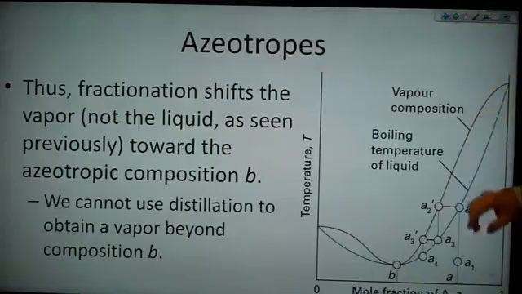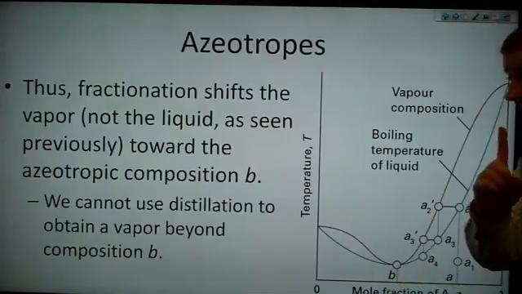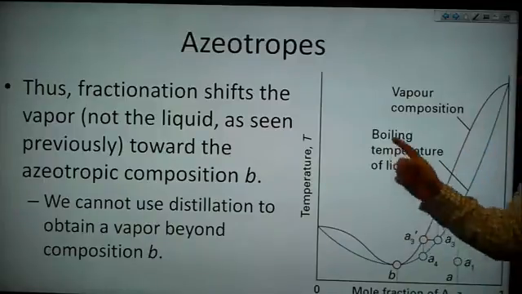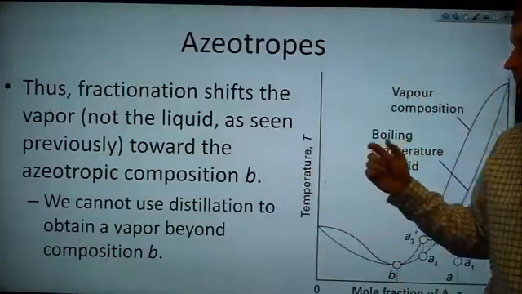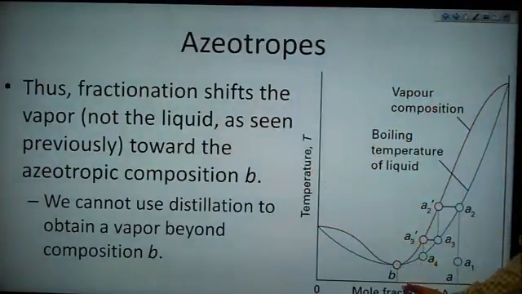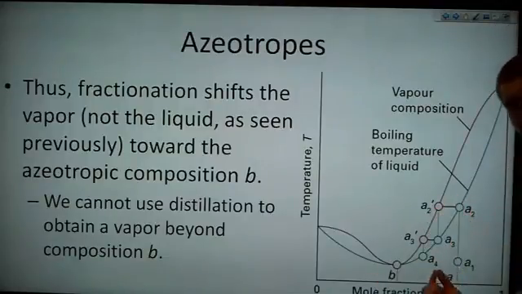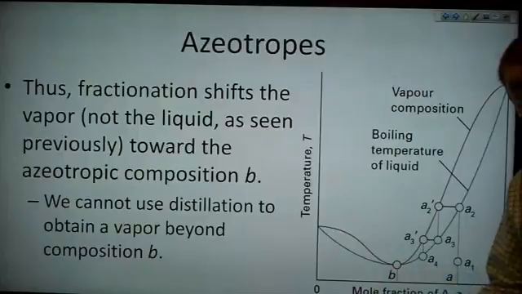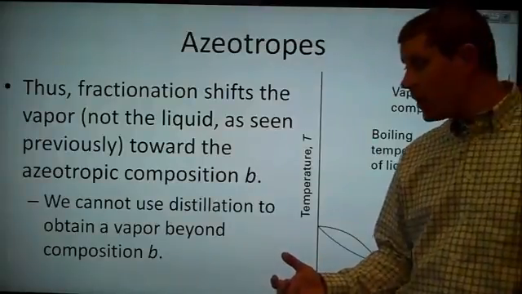until eventually we get to a mole fraction of B. But in this case, we have this composition in the vapor, not the liquid, at our azeotropic composition. So we've had to take our vapor, condense it, and then boil it again, and take the vapor of that, and we're throwing away or removing the liquid phase.